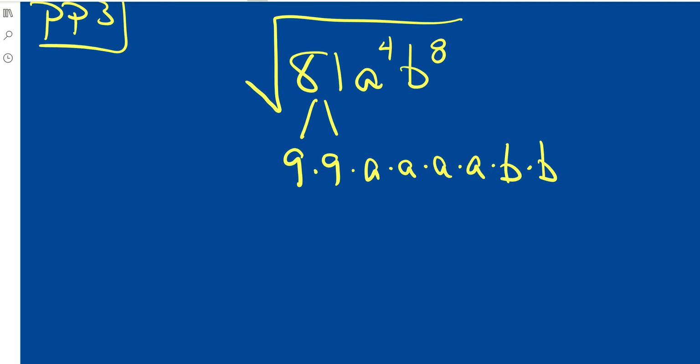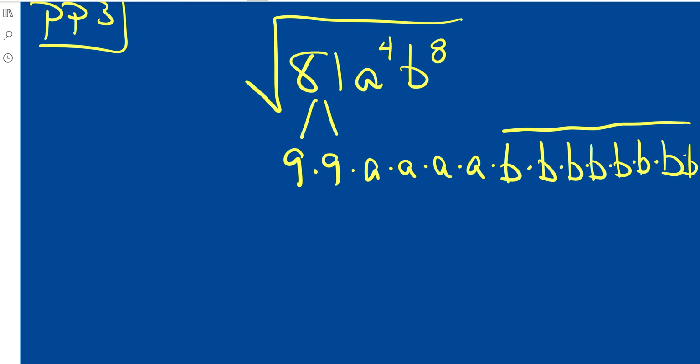B times B times B times B times B times B times B. How many is that? 1, 2, 3, 4, 5, 6, 7, and then times B. I'll squeeze it in at the end here. So this is everything all blown up, and it's like saying, what is the square root of all this? It's saying the same thing.